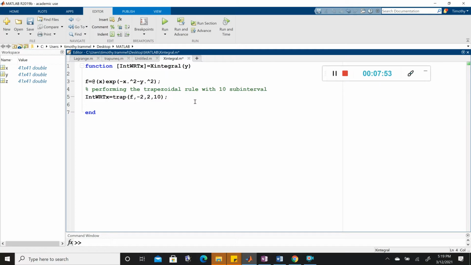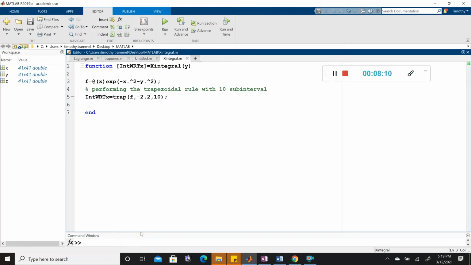Okay, this was our choice. We chose to use 10 subintervals. If you want it to be more accurate, you can choose more using the same technique that we're about to use here. But this is good. This is our function that will do exactly what we want it to.